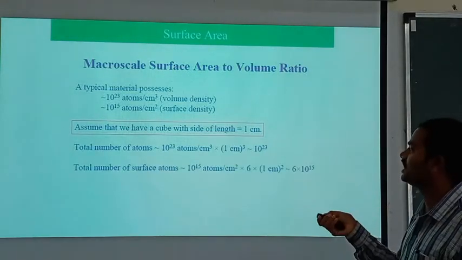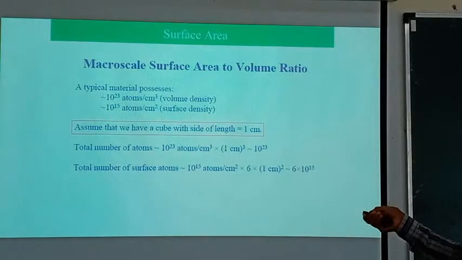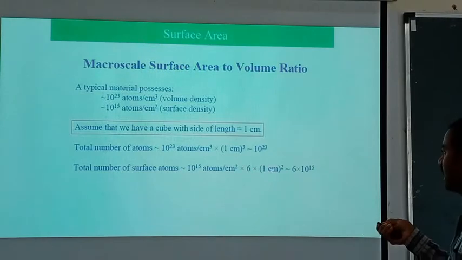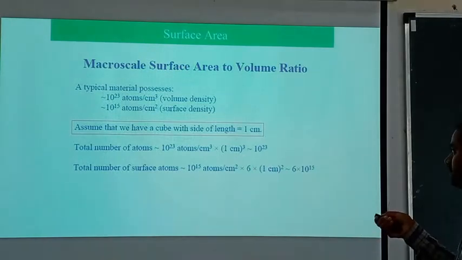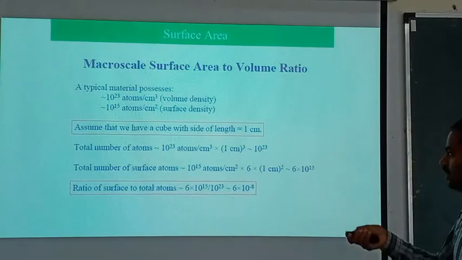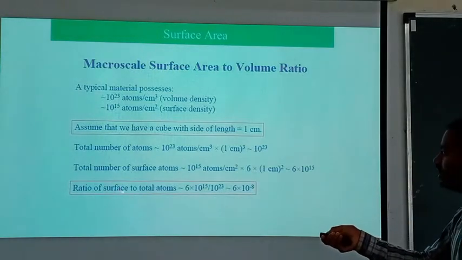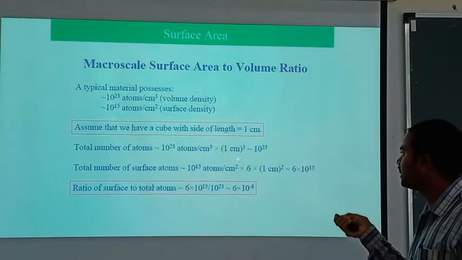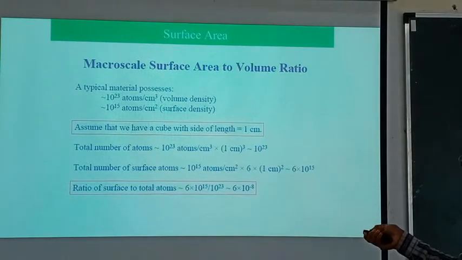Now consider the surface atoms. The total number of surface atoms is 10¹⁵ atoms per centimeter square into 6 faces, each of dimension 1 centimeter square, so nearly 6 into 10¹⁵. We can take the ratio of surface to total atoms: 6 into 10¹⁵ divided by 10²³. This value comes to 6 into 10⁻⁸.